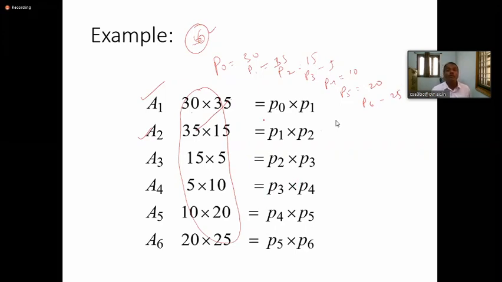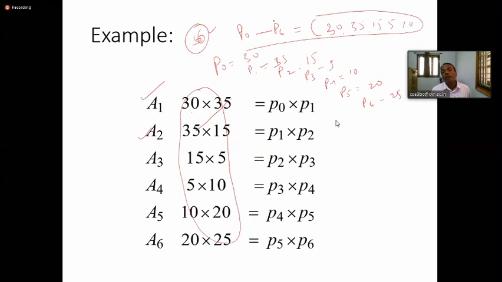Sometimes they may give P0 to P6 as 25, 30, 35, 15, 5, 10. You have to understand these are P0, P1, the sizes of the matrices. They won't give these sizes directly. These are the sizes of each matrix.